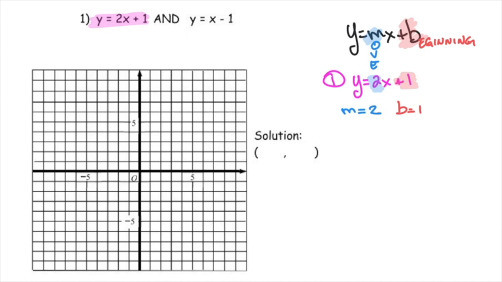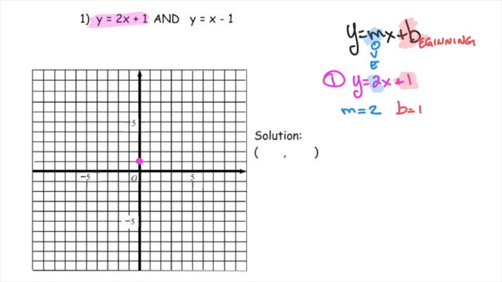So in this case, I'm going to start with my beginning. Here, for equation number 1, b is 1, which tells me that I'm going to start at the y-axis, at 1. Now, y equals 1 is right here. That's the y value of 1. That's my beginning. And now, my slope is 2.